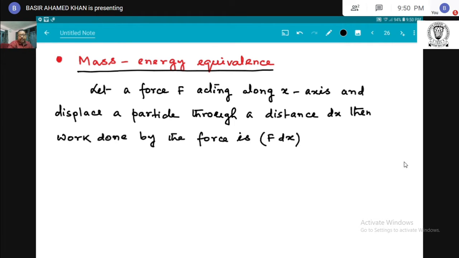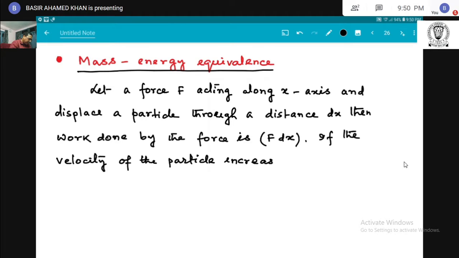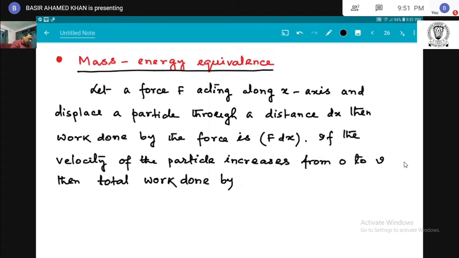If the velocity of the particle increases from 0 to v, then the total work done by the force is equal to the integral from 0 to v of F dx.